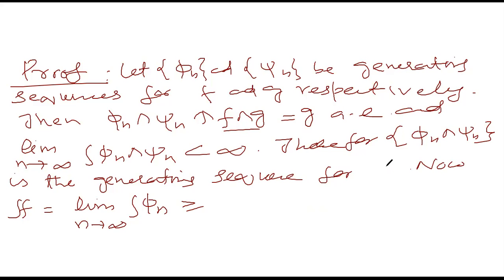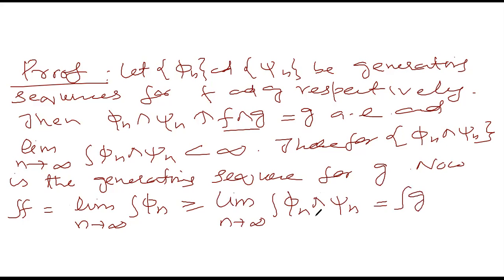Now the integral of f is always greater or equal to the limit as n approaches infinity of the integral of phi n meet psi n. But this phi n meet psi n is the generating sequence for g, so it's the integral of g. So that means the integral of f is greater or equal to the integral of g.